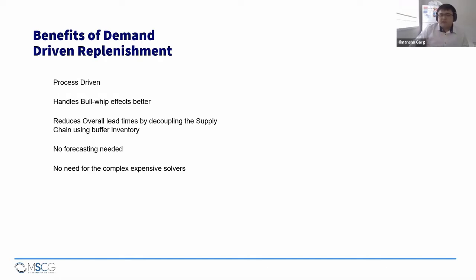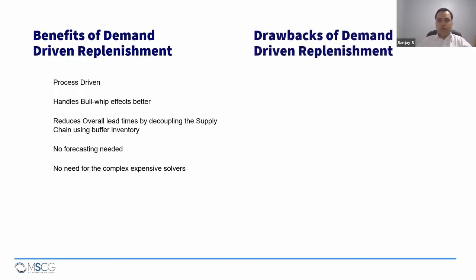The SAP DDR is an end-to-end supply planning solution which provides the better analytics, thereby measuring the relevant KPIs as needed by the business. That's actually interesting, Himanshu, because if you look at the forecast not needed, right? I think that would really be something that most of our clients would like to know more about since it's based on actual demands. So talking of that, what are the different drawbacks of this process over traditional planning?